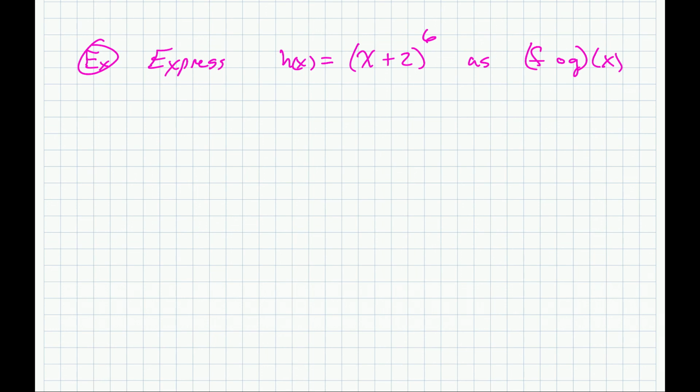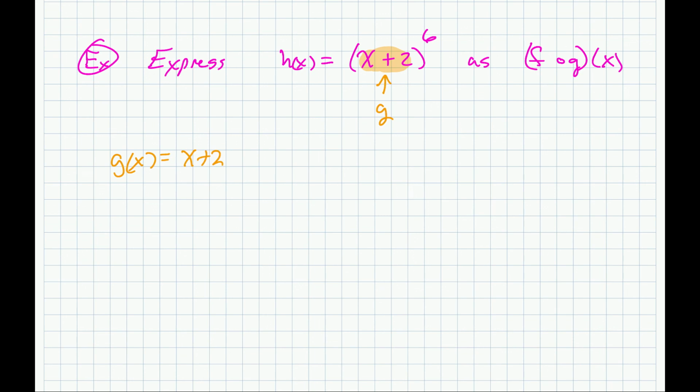So in this case, you just ask, is there an inside function? And yes, there is. Like x plus 2 is on the inside, right? So you take whatever's on the inside and you call that g. So you say g of x equals x plus 2.